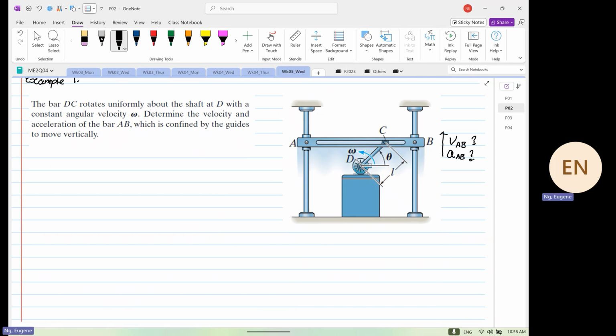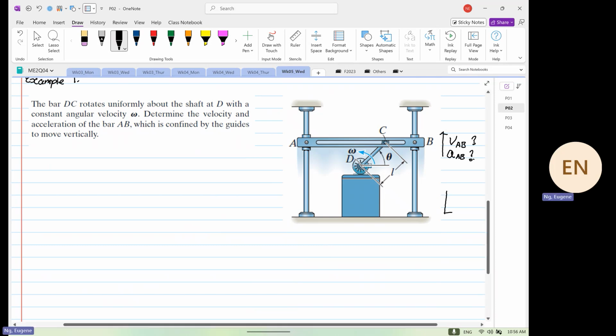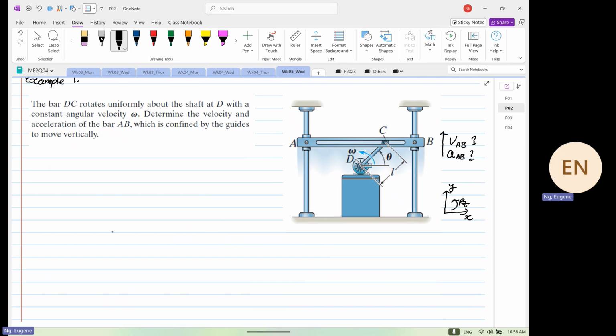However, what affects AB is what is going on at point C. And point C and point D are linked by an arm, and DC is known as our rigid body. Putting down a coordinate system, that is our X and Y, rotation about Z. So we are going to focus on this point over here.